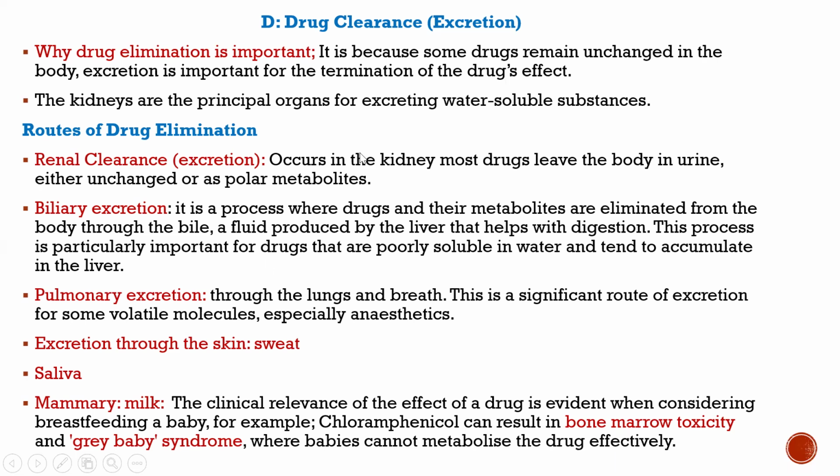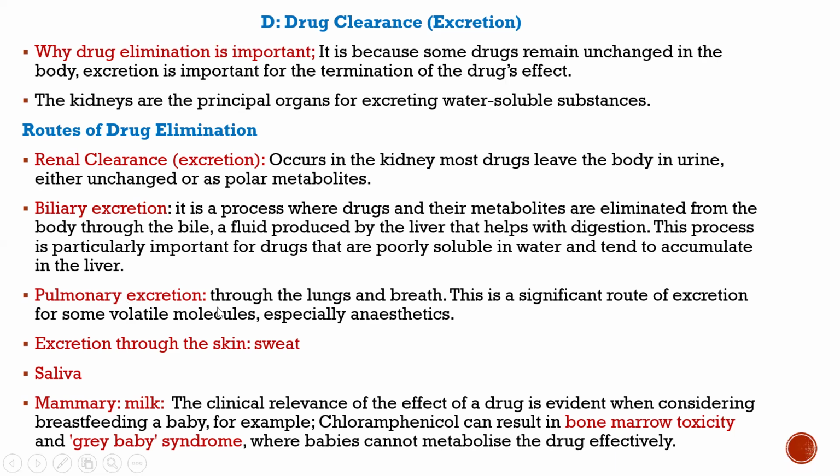So most drugs that don't leave through the kidney processes leave through biliary excretion. We also have pulmonary excretion, talking about through the lungs and breath. As we breathe, we can remove some of the drugs. We're talking of anesthetic drugs here. Okay, that's most of the volatile molecules that can be excreted through gaseous means. They are removed through pulmonary excretion.